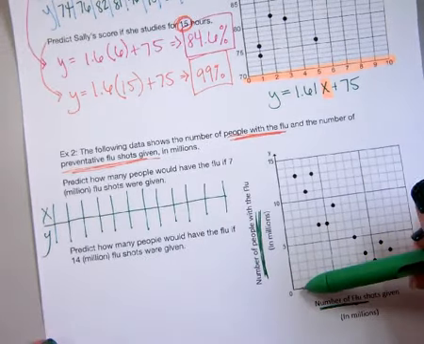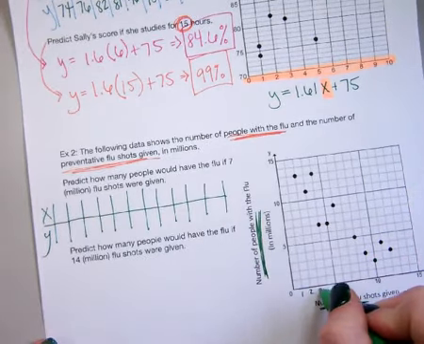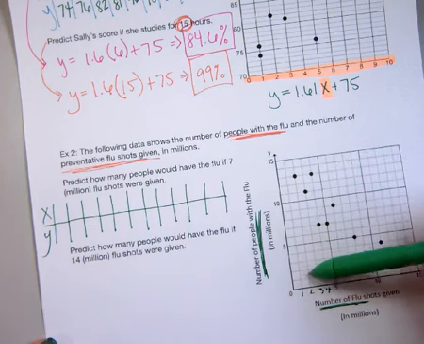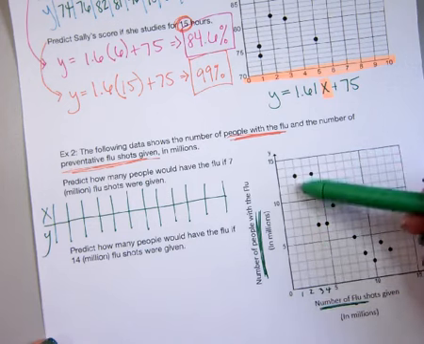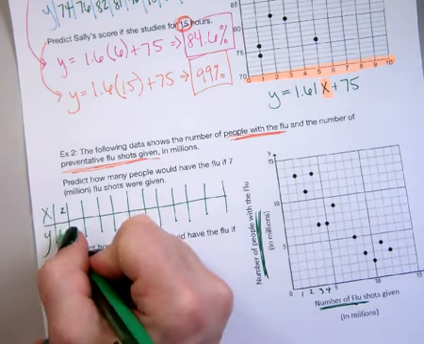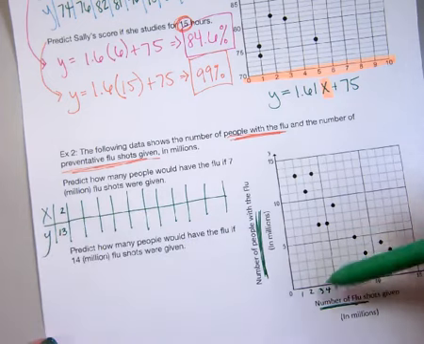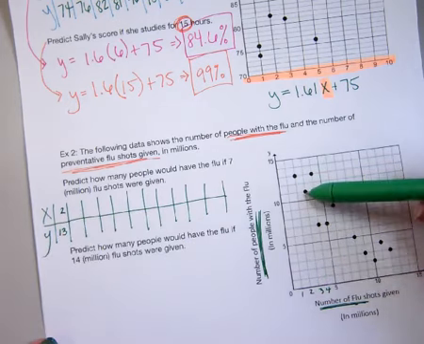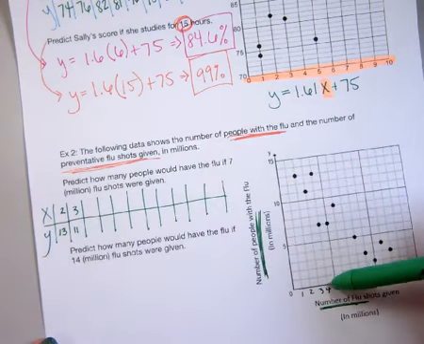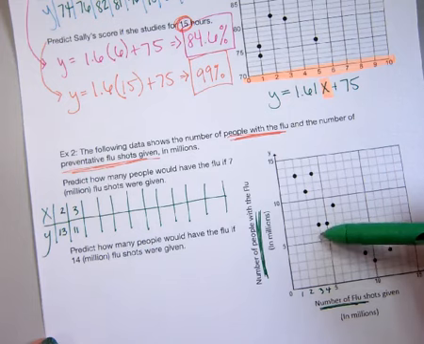Okay. I have nothing on 1. At 2 million, I am at 13 million. So (2, 13) is my first data point. (3, 11). (4, 7).